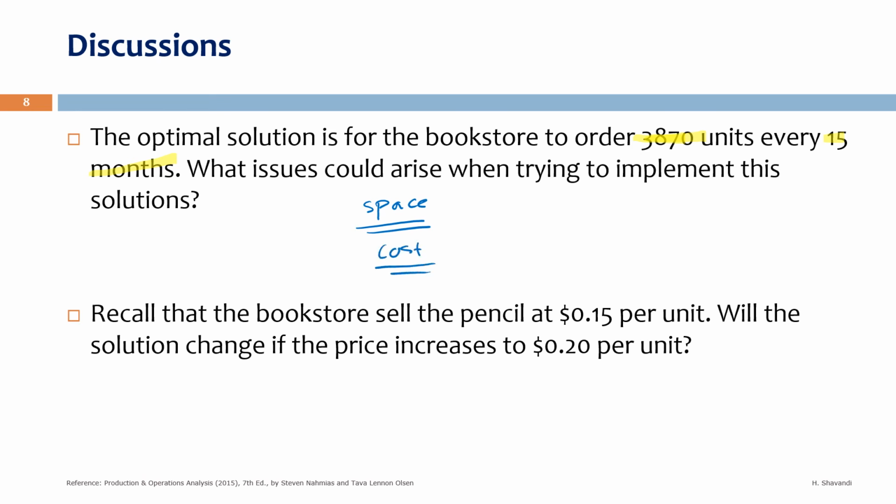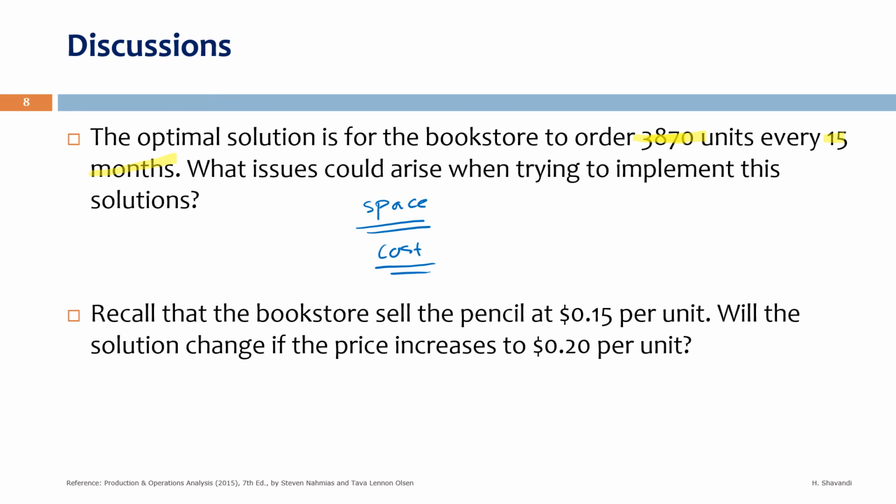Does the bookstore have enough budget to purchase the requirement of 15 months and then keep that in the inventory? If yes, there's no problem to implement that optimal policy. But if we do have a problem, we can say that optimal solution is not feasible for this bookstore. In that case, we need to go with a different approach to obtain the order quantity.